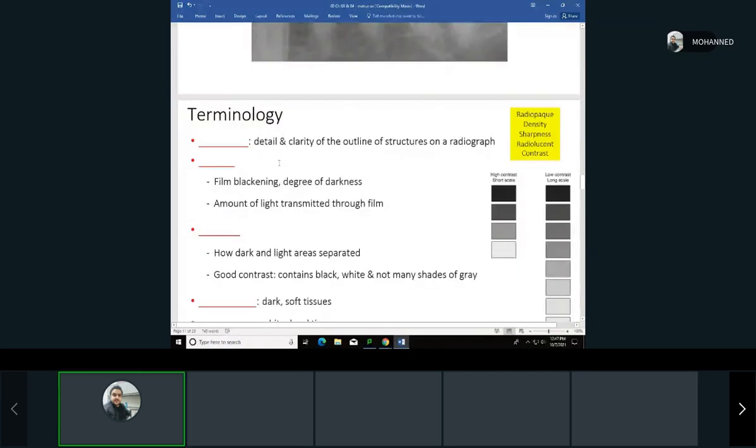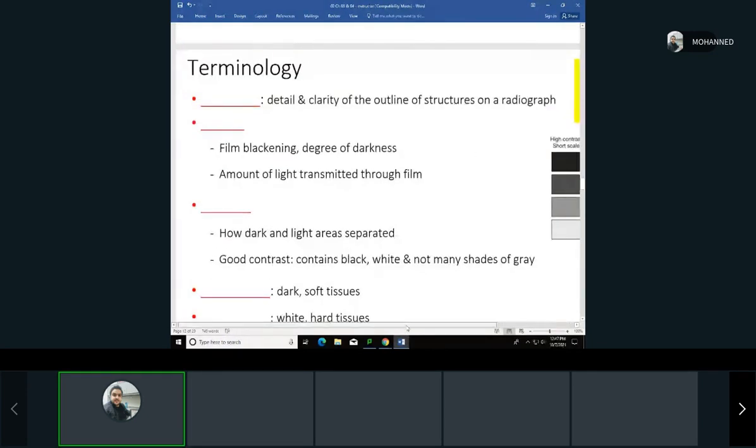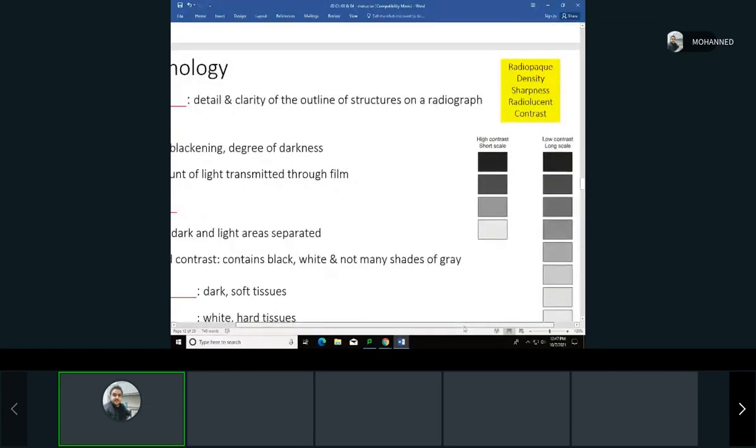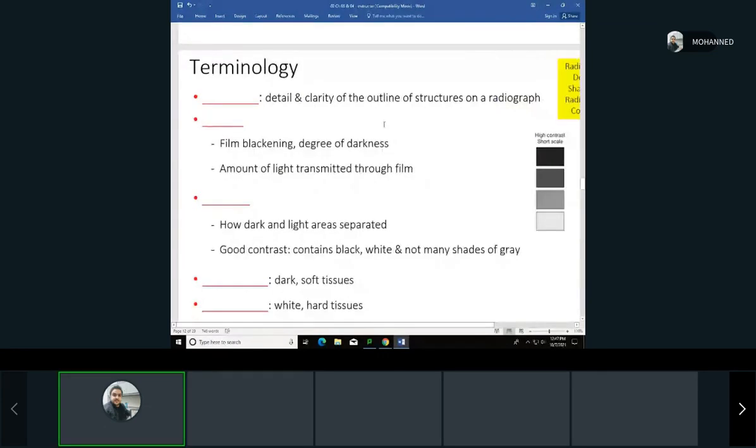Now let's see the terminology. You guys have that on the side. So try to guess these for a minute here, and then we'll try to get that together.